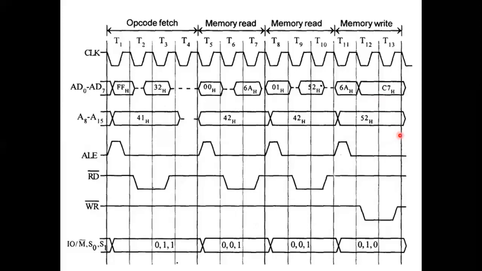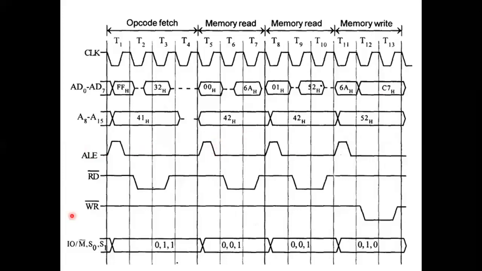Okay, so then ALE. We already told that ALE has to be enabled for every first machine cycle. So you see that the first machine cycle will be enabled.